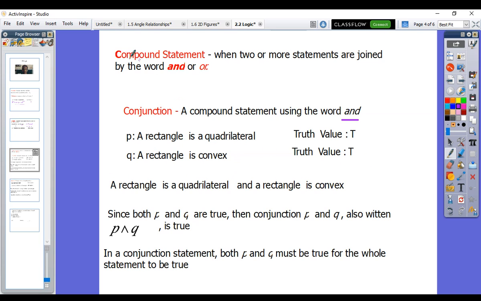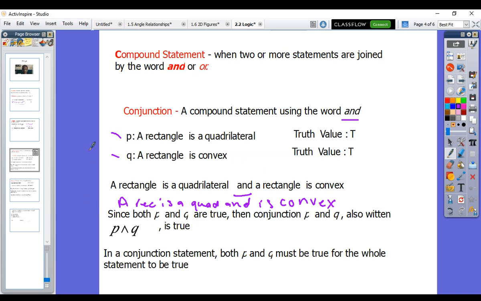So if we compound this, we say, hey, a rectangle is a quadrilateral and a rectangle is convex. You can also shorten it by saying a rectangle is a quadrilateral and is convex. So you don't have to necessarily write rectangle again, but just for the sake of showing where we got that information. So this is now true.